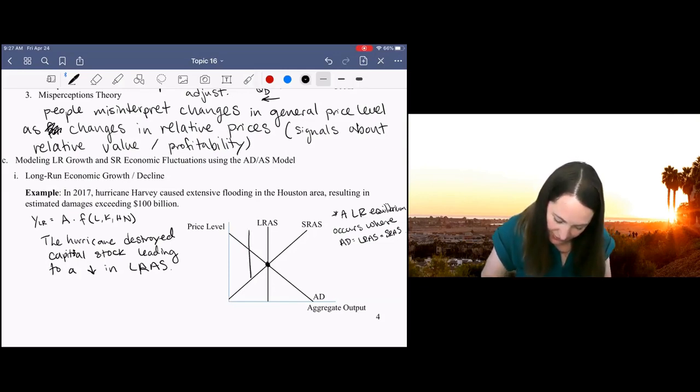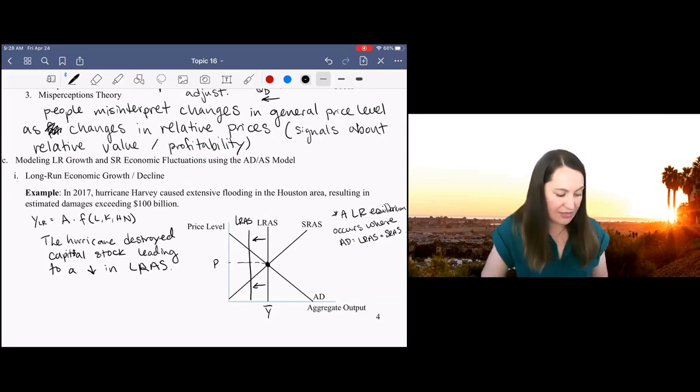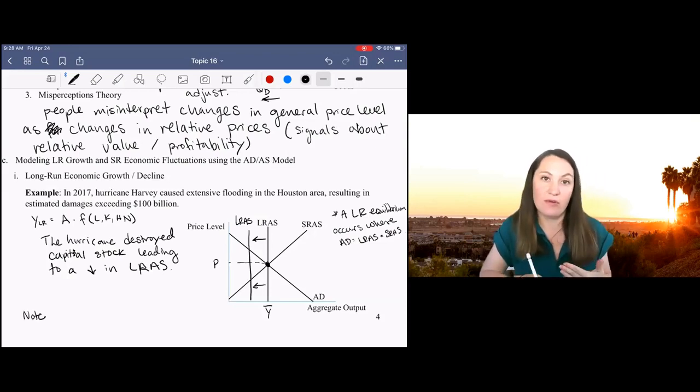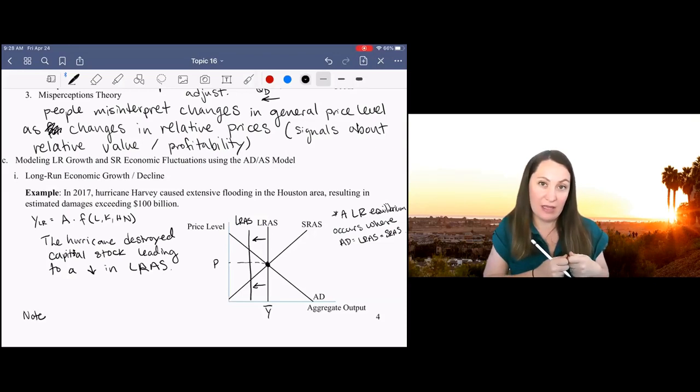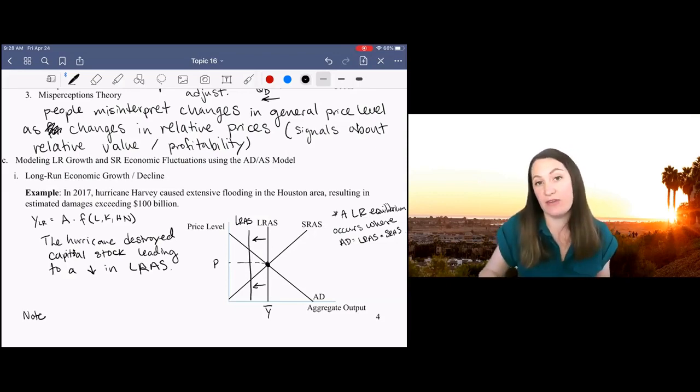So long run aggregate supply will shift inward. Here's our initial level of output and price level. And when long run aggregate supply shifts inward, short run aggregate supply will move with it, because short run aggregate supply just represents how we would deviate from our long run potential when prices are different than we expect.